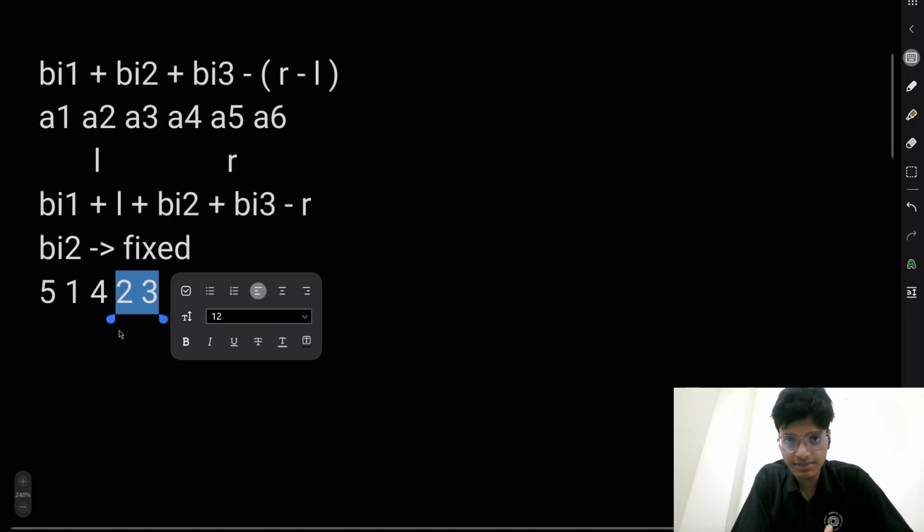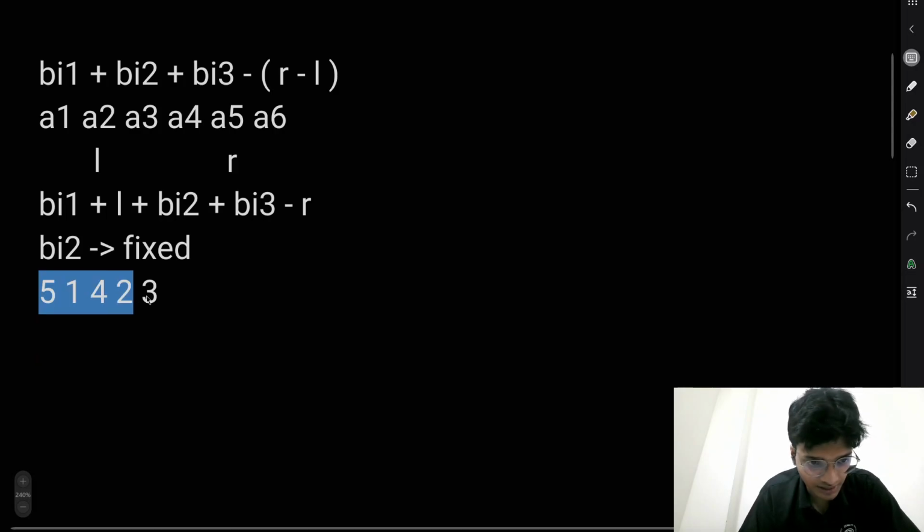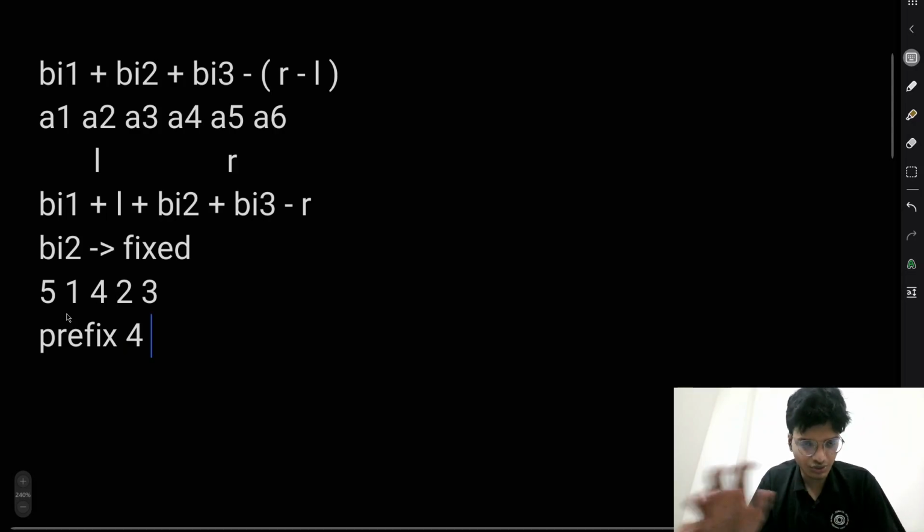So what is the maximum so far I can get? That is b of i minus 1 plus L and b of i plus 1 minus R. If we do, then what is the maximum I can get? So this we need to pre-compute as you already said. So that's why we use prefix. So 4, and then we just store it up.